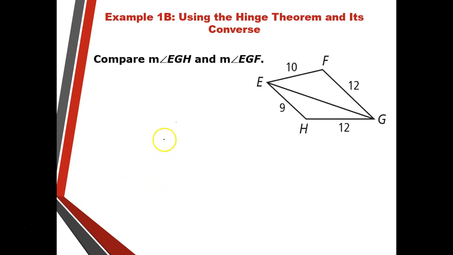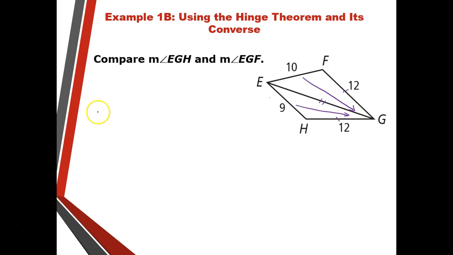All right, right here. Again, we're asked to compare a couple of angles in this figure here. And let's see, we have this side and this side are congruent, and these are common sides. So angle EGH, this one right here, is opposite of the side that is smaller than what EGF is opposite of.